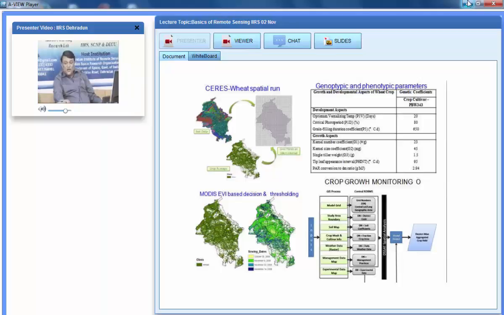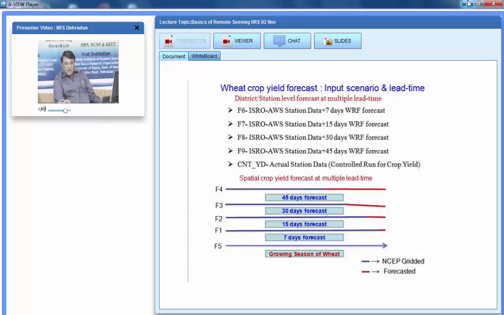Then we have run the crop growth monitoring system in Haryana and Punjab. For wheat yield forecast, we used AWS data for the current situation, and for the forecast period we took WRF forecasts for different times, 45 days in advance, 30 days in advance, like that.